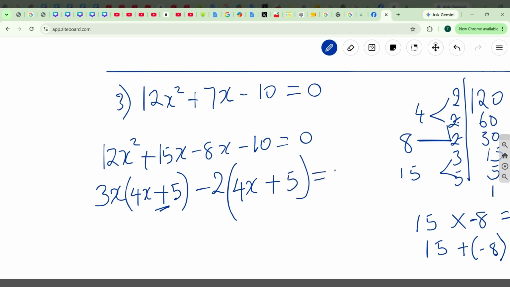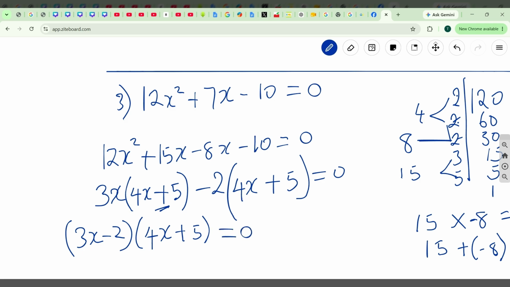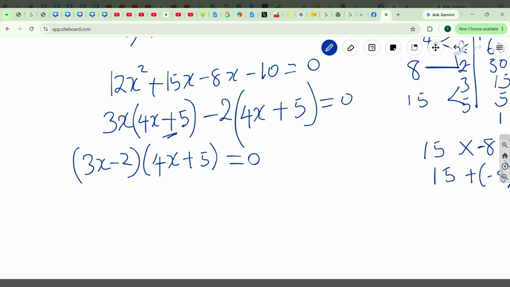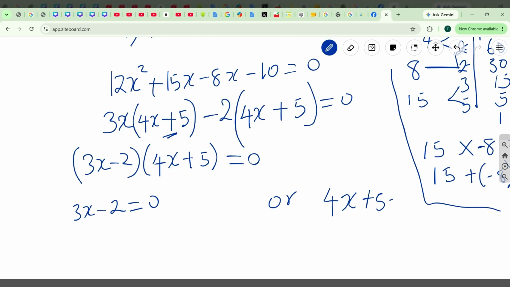I'll still arrive at the same value there. So this means that 3x minus 2 or 4x plus 5 is equal to 0. And what that simply means is that therefore 3x minus 2 is equal to 0 or 4x plus 5 is equal to 0.